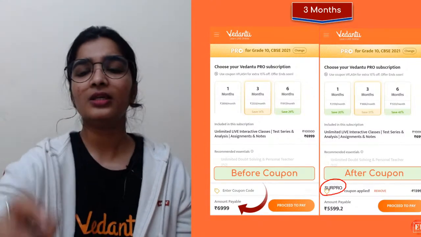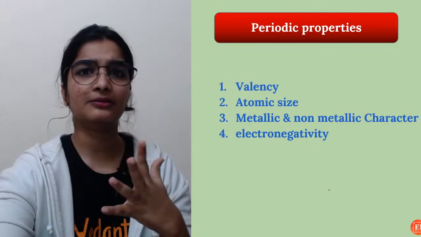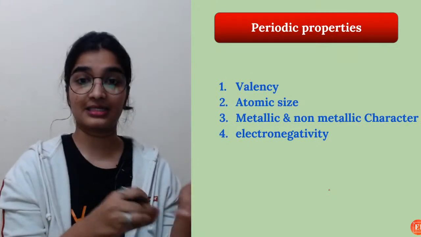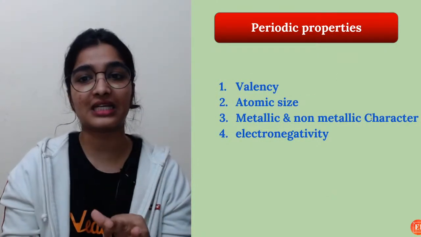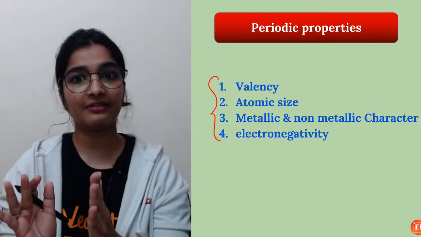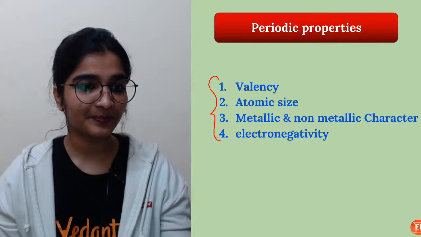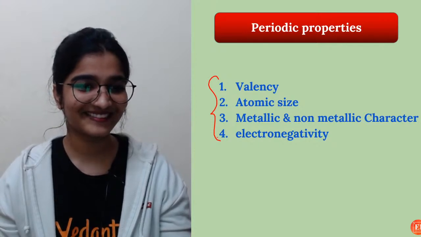So now coming to the learning objectives: trends in the modern periodic table. These are the four trends in your syllabus: valency, atomic size, metallic and non-metallic character, and electronegativity, which we have already studied. We already discussed these properties in the last session. You guys remember? Yes.